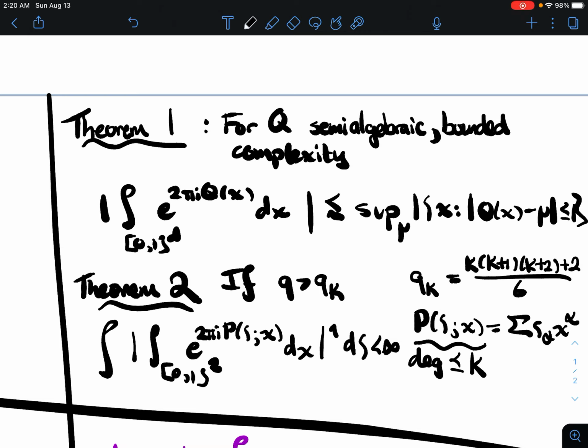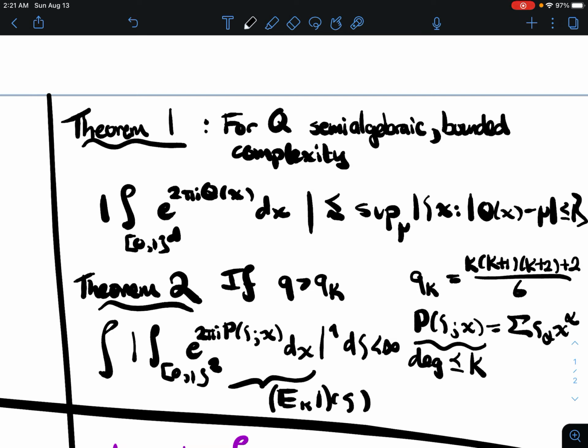We can use this result to get bounds on extension operators for an appropriate surface corresponding to a general polynomial. And in fact, for the remainder of the talk, we'll denote this oscillatory integral by E_k, just to remind ourselves that this is something a little bit like an extension operator.